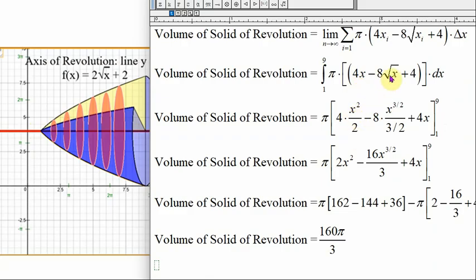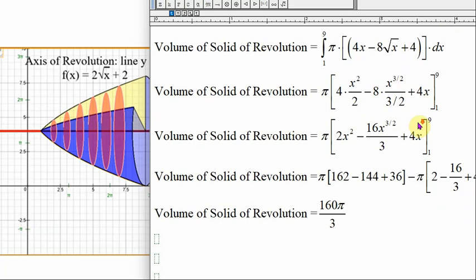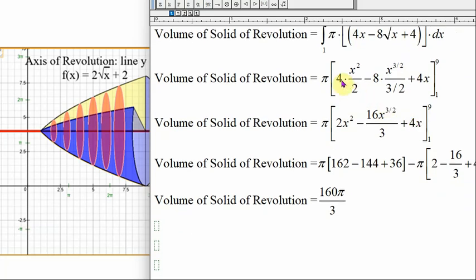The square root of x is x to the 1/2, and to integrate, we add 1 to the exponent 1/2. 1/2 plus 1 is 3/2. And so we get x to the 3/2 divided by 3/2. And the integral of 4 is just 4x. Then simplifying, we get 2x squared minus 16x to the 3/2 over 3 plus 4x.